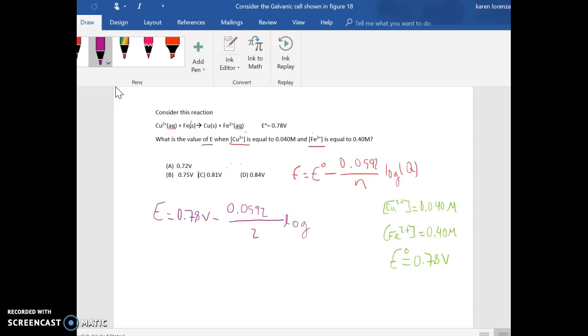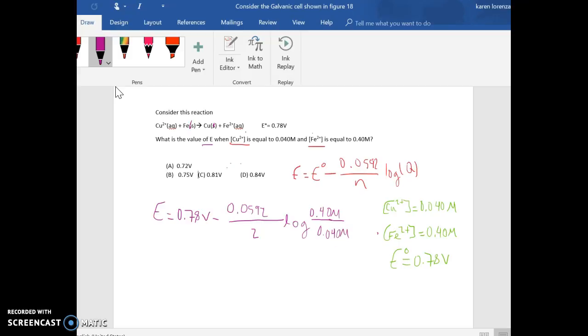Remember that we don't include solids in said equation because the concentration of our solids isn't going to affect our overall reaction. So it's going to end up being the concentration of iron ion, which is 0.40 moles, over the concentration of the copper ion, which is 0.040 moles.